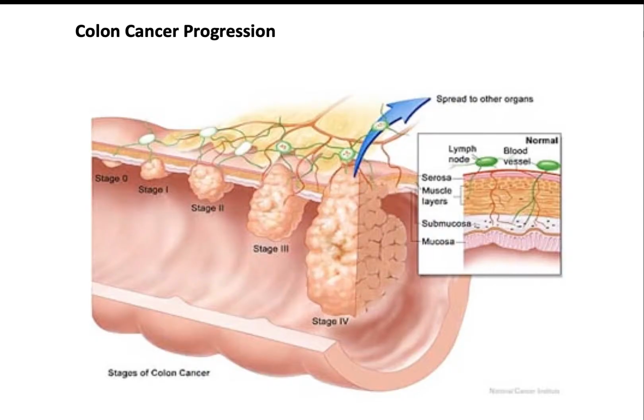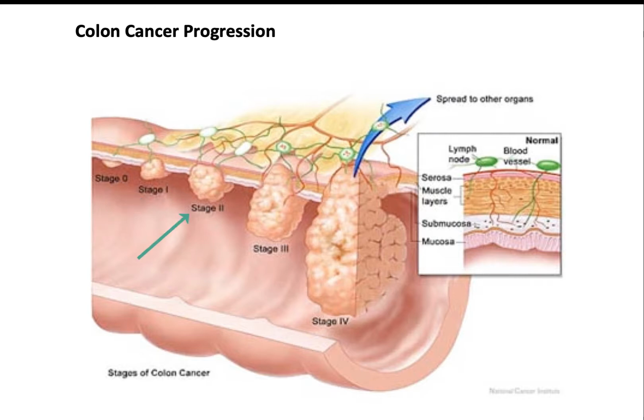This shows the progression of colon cancer and staging of those colon cancers. So almost always after they're diagnosed, then they're staged. Stage 0 is carcinoma in situ. That is, there are abnormal cells now, but they haven't invaded any other tissues. Stage 1 is where they start to invade other tissues.